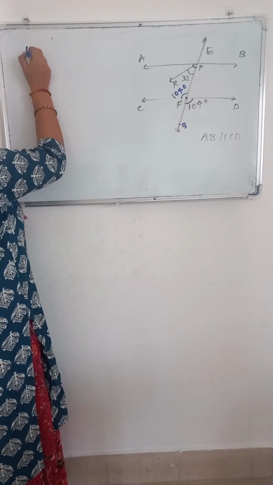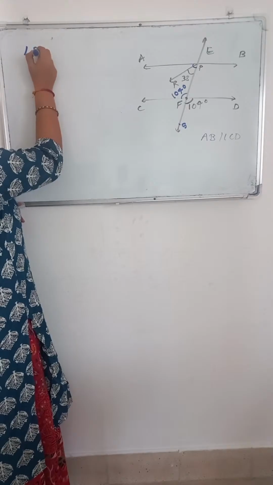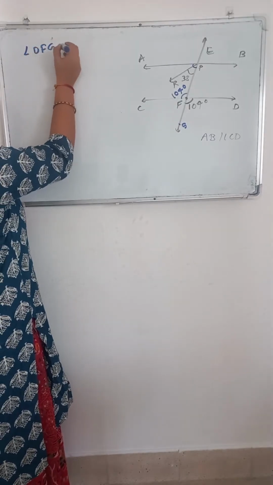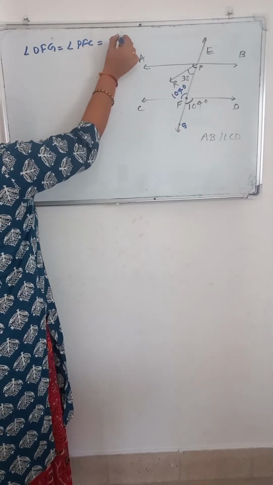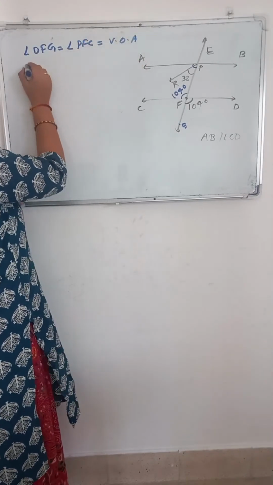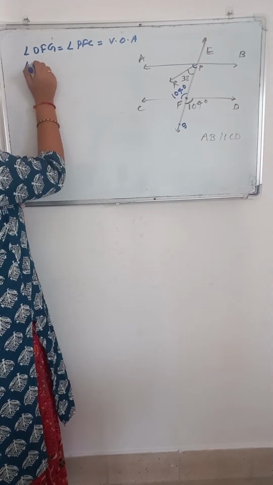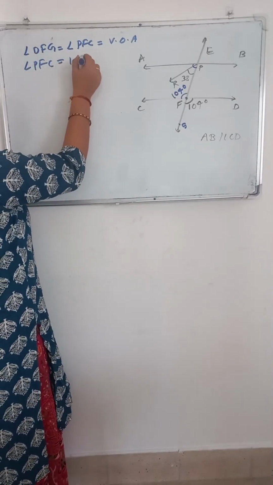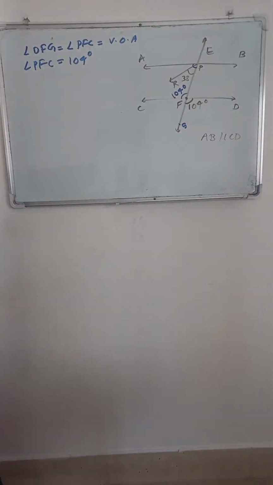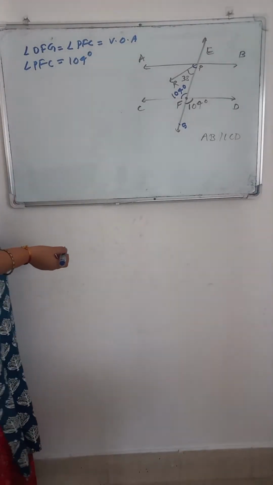I can write angle DFG is equal to angle TFC, vertically opposite angles, and that DFG is 104 degrees.